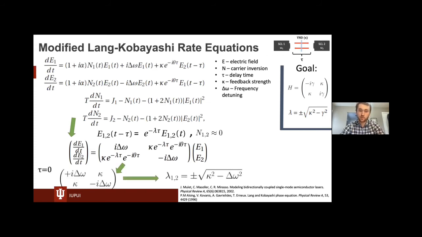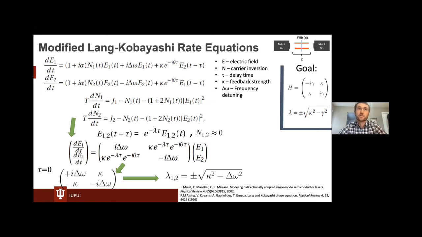Under that approximation, this effective Hamiltonian reduces to that on the bottom left, where in the absence of time delay, the effective Hamiltonian is exactly what we wanted with our goal Hamiltonian, where the diagonal elements are the frequency detuning between the lasers, the off diagonals are the coupling rates between the lasers, and we see that the eigenvalues can be real or complex depending on the strength of those parameters.